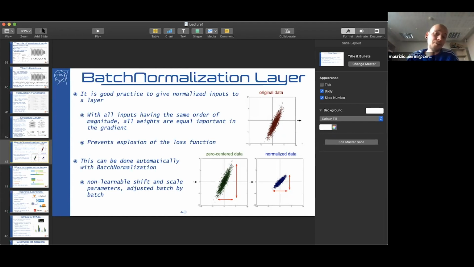But if you know that that function is relevant, so if you know that pt is a relevant quantity in your problem, and you are giving as input px, py, pz, and e, it's true that pt is a function of those quantities, but you know that that function is relevant. You should extend your input, putting that function explicitly, and your learning will be faster, and you will get to a better result.